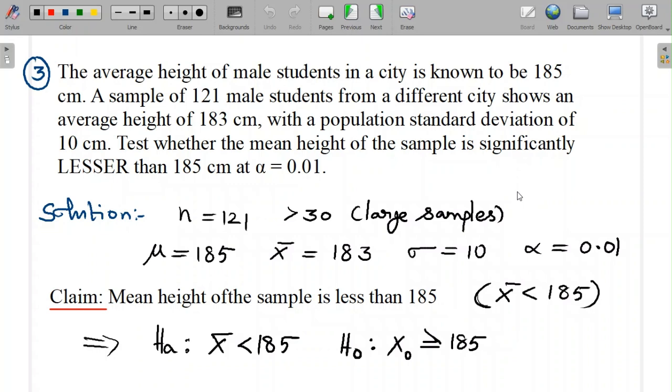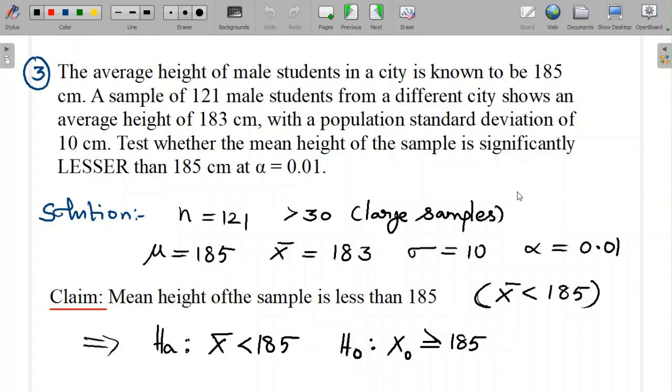So once again, the sample size is 121, a large sample, and the average of the sample is 183. We're comparing this to a population SD of 10 and a population average of 185, and we have a level of significance at 0.01. So we say that the mean height of the sample is less than 185.